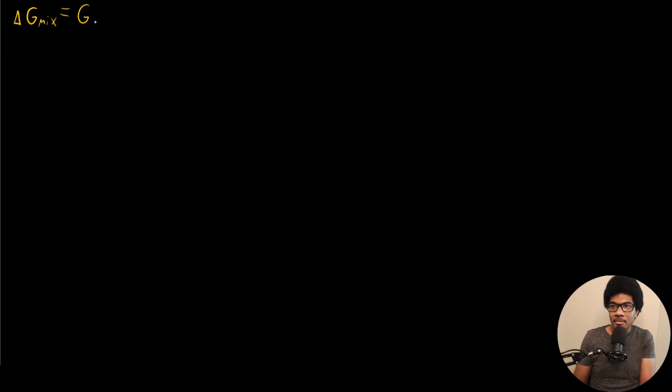We're taking G after, subtracting G before, right? Our delta G is the Gibbs free energy before and after mixing, right? So after, we had Na, mu A naught, plus RT ln, right? So we had those partial pressures, right?